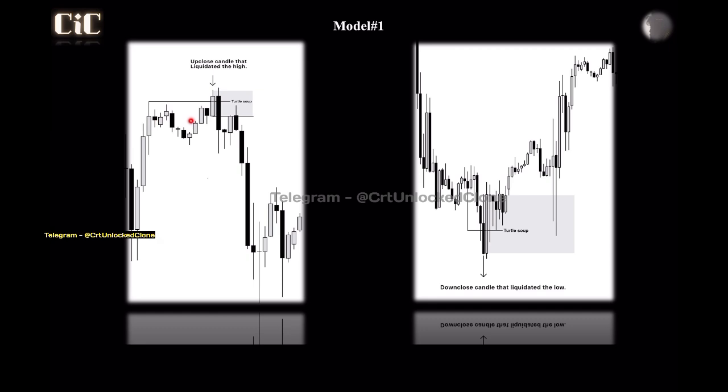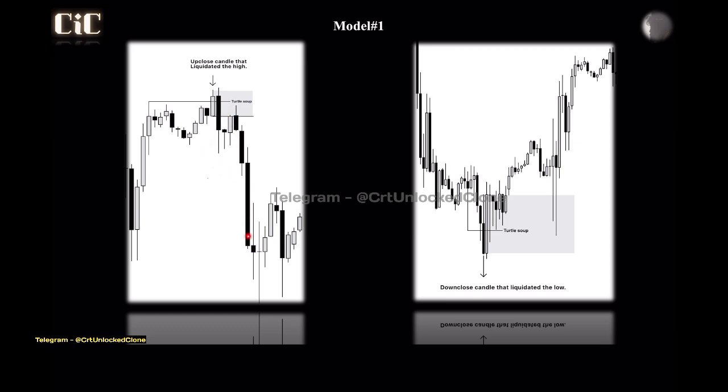So they push price into the high. They lose money temporarily, pushing price up in here. They close below, and they have to push price back into this one specific candle in order to push price lower, right?